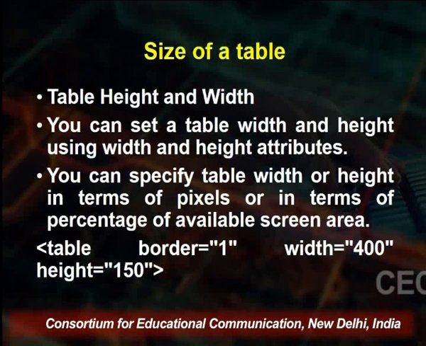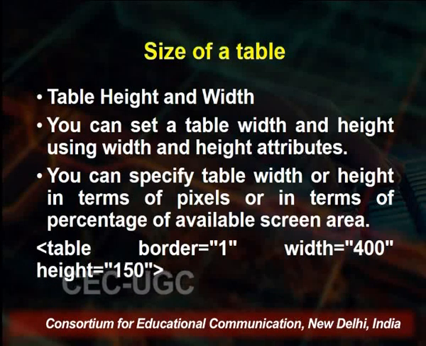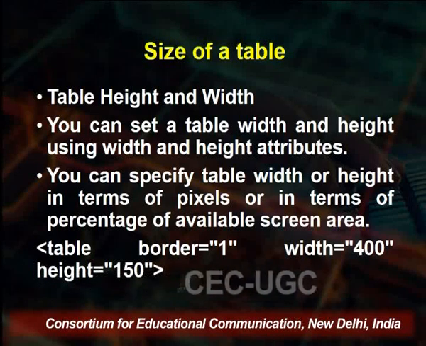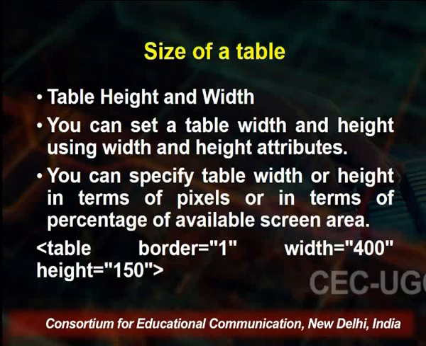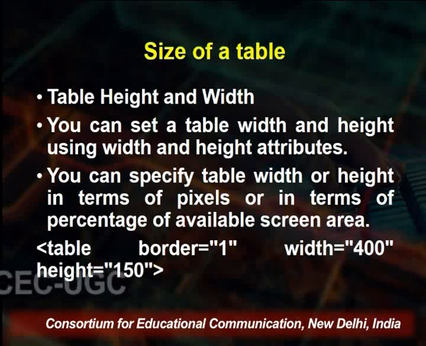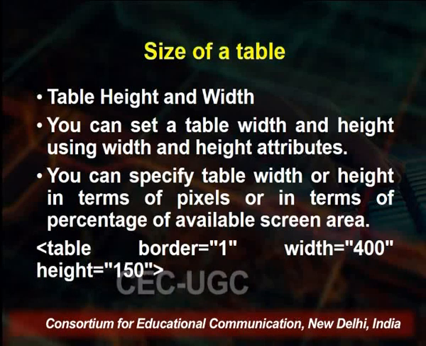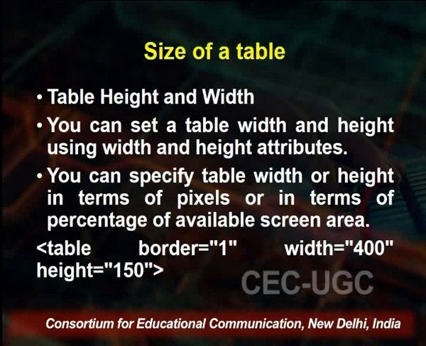So in this example you can see that we are writing table border is equal to 1. So we are specifying a very thin border to the table, and we are writing width 400 and height is 150. So this 400 and 150 is actually pixels, but we do not write the unit here. So we simply write width is 400 and height is 150.